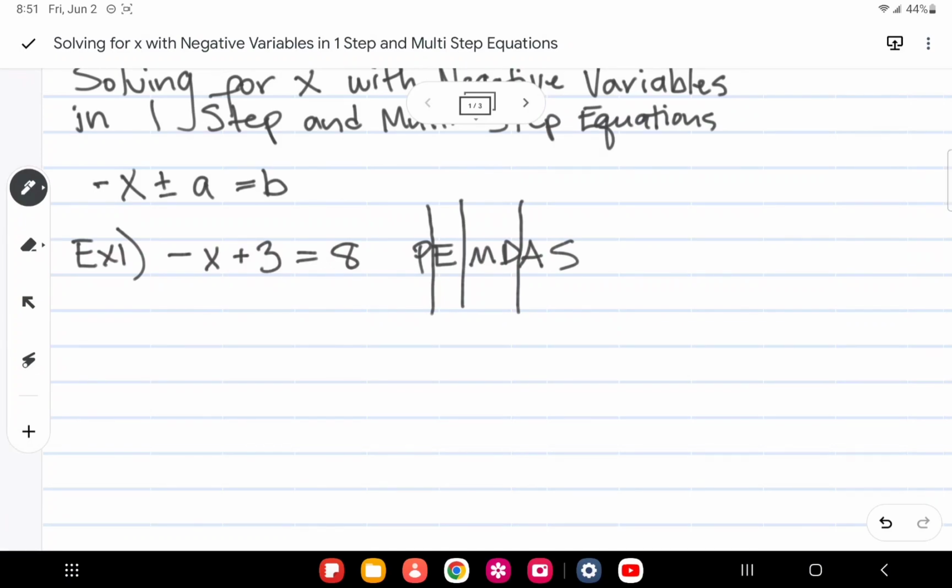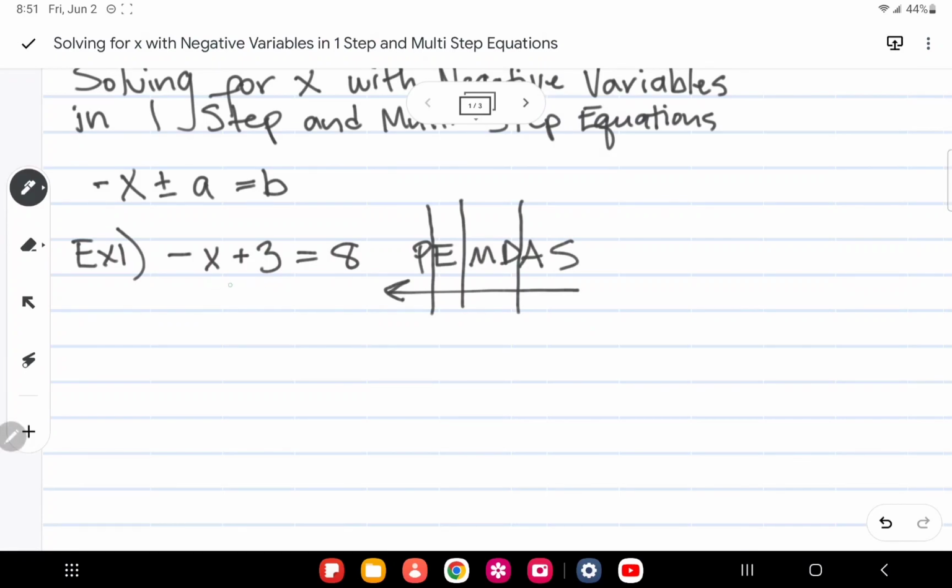So remember, when solving for a variable in one-step and multi-step equations, we are going backwards. So we are going to start with S, A, D, M, E, and lastly, P.